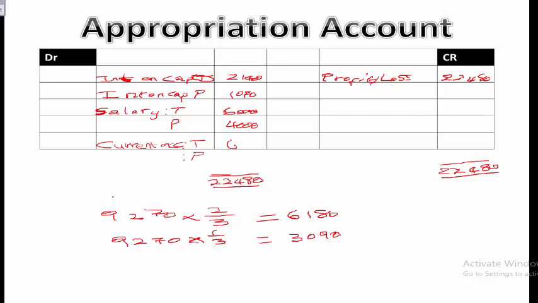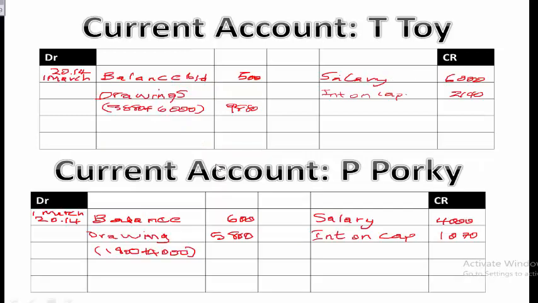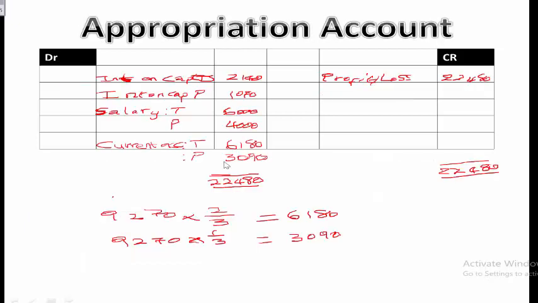So let's start off with the first amount, which is 6,180, and the second amount is 3,090. So these amounts are gonna be recorded where? So let's just quickly go back to verify the amounts. So it's 6,180 as well as 3,090.